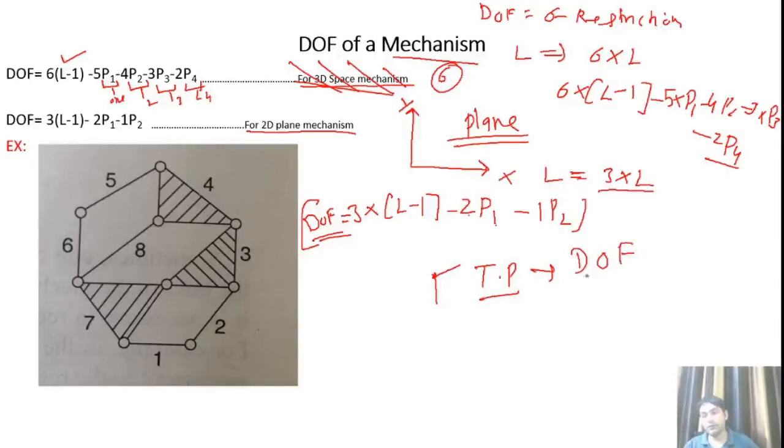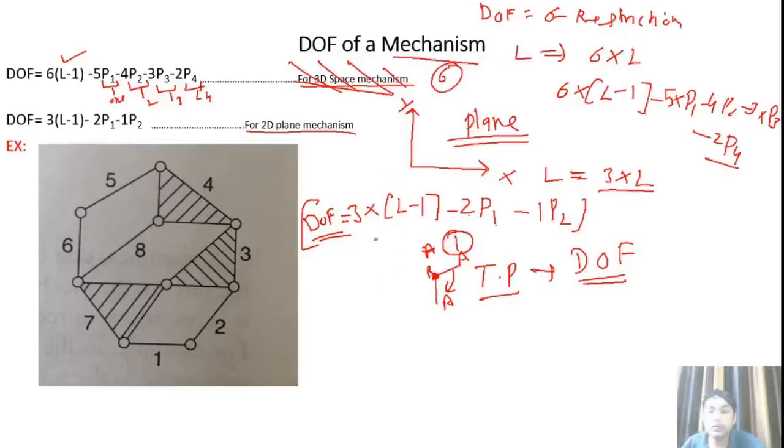What is the degree of freedom of this turning pair? This link A can only turn about this link B. So there is only one type of motion. So degree of freedom is equal to 1.